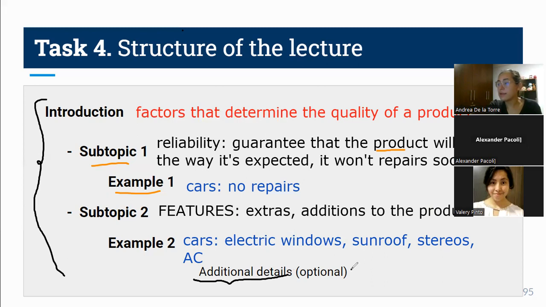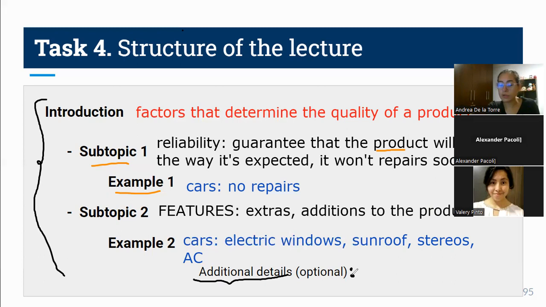So the professor, I think, as an additional detail, talks about how consumers have switched what the determining or the major factor is when choosing a product. I think that in the past, consumers used to focus a lot on reliability. That was the main factor when choosing a product, right? That it was reliable.